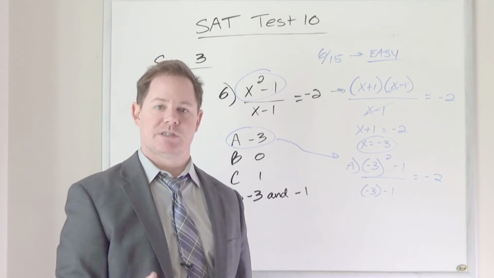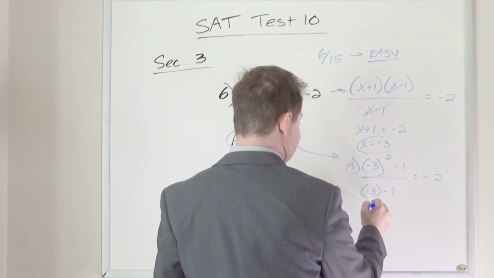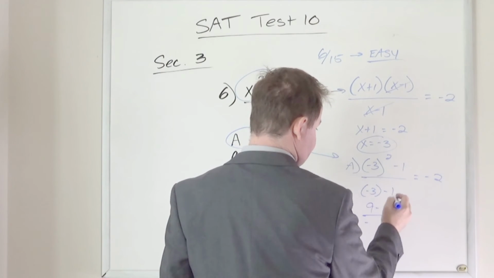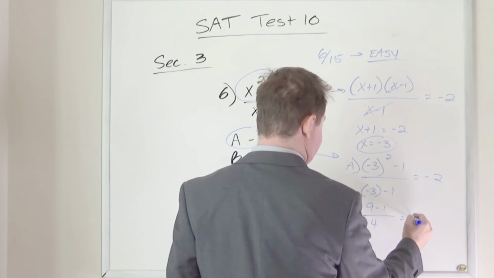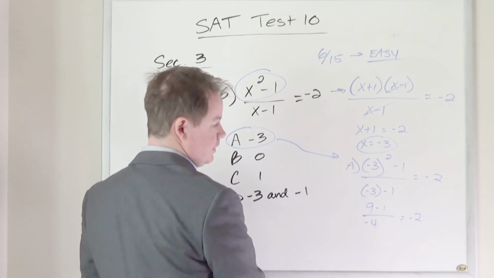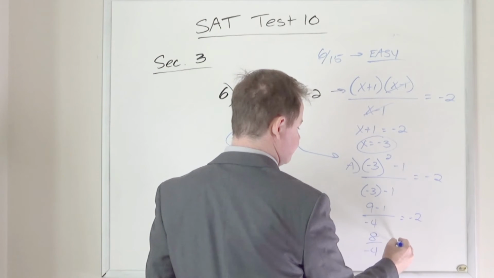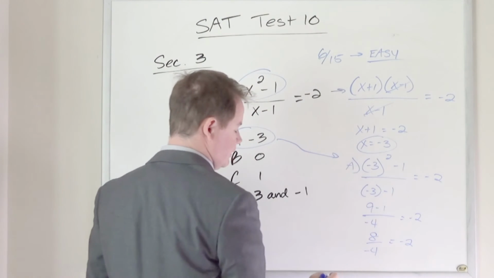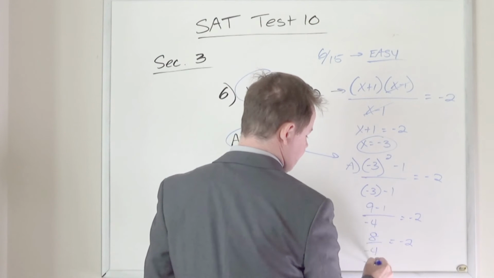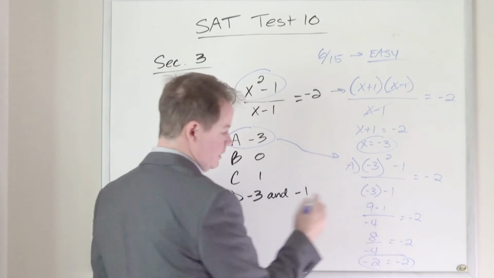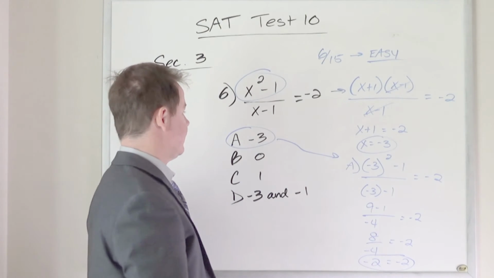So negative 3 times negative 3 would give us a positive 9 minus 1. And negative 3 minus 1 would give us negative 4. Some of you can already see it, but if you do 9 minus 1, you get 8 over negative 4, which is negative 2. And when you do the math on that, you get negative 2 equals negative 2. That does in fact work out.